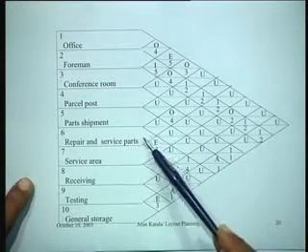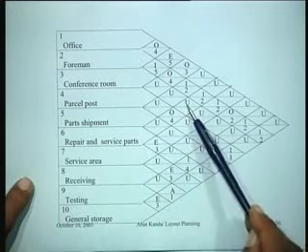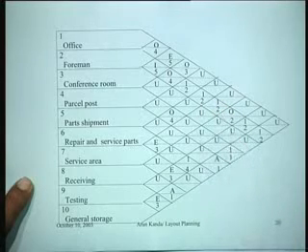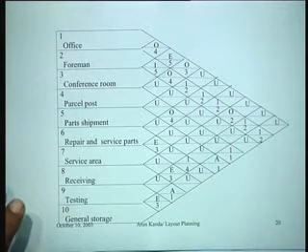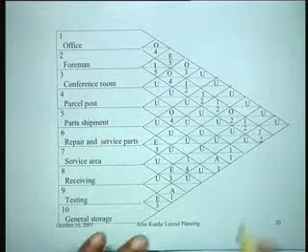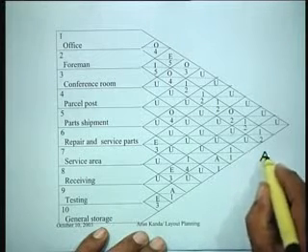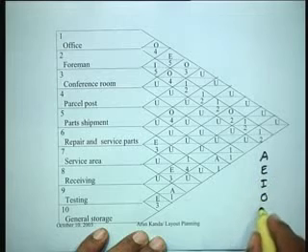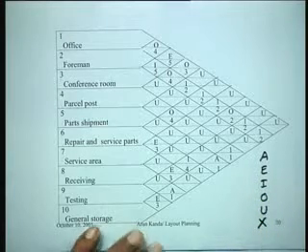So we give a U rating here. This is the significance of the U. You have various ratings. Normally we give the ratings A, E, I, O, U and X.